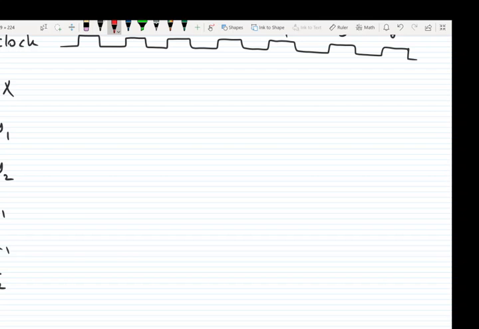And then let's just show the rising edges. Just mark them because we need these edges for applying any change to the signals.